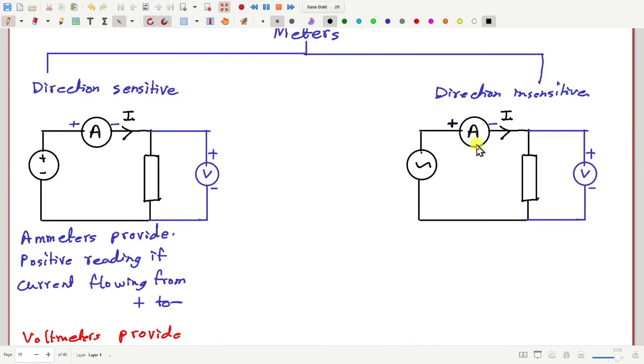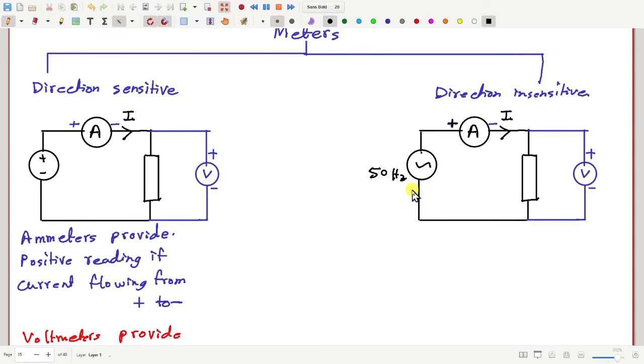The voltage and current are changing with time, so the reading of the meters should also keep changing, plus minus plus minus. If I have a 50 hertz supply, the reading should change between plus and minus 50 times every second.